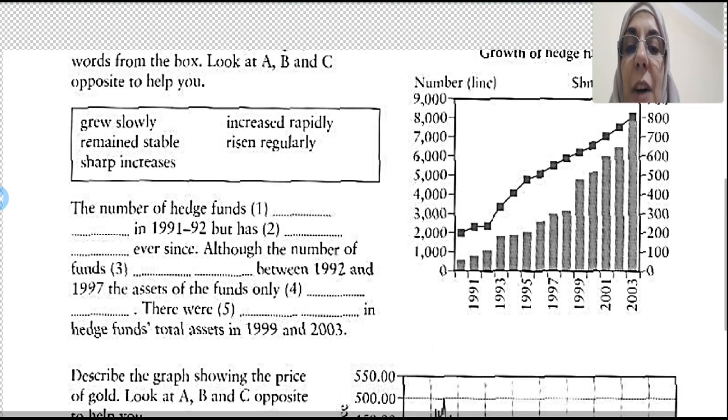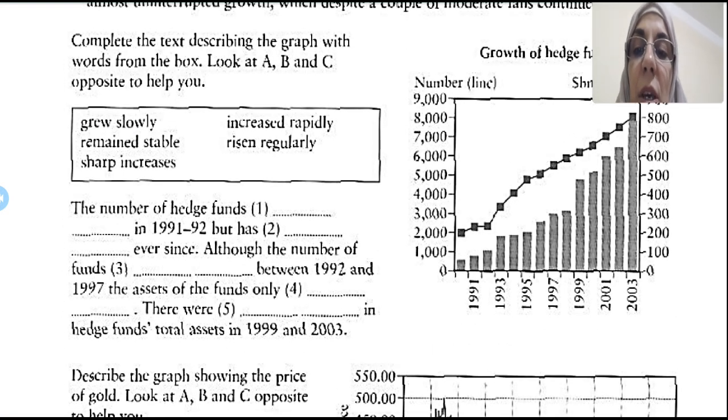So you've got 5 expressions: grew slowly, remained stable, sharp increases, increased rapidly, risen regularly. Grew is the past simple of to grow. Sharp increases, increased rapidly. Risen is the past participle of to rise.